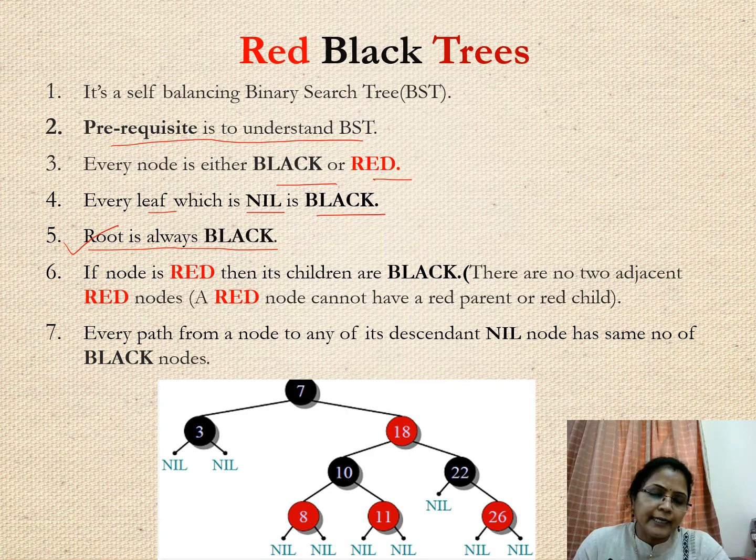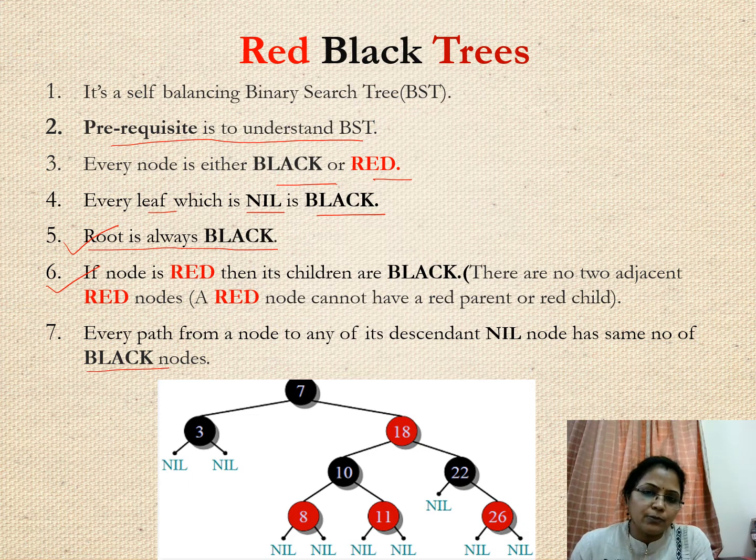Then the second important point for the red-black tree is that if a node is red, then its children are black. So there should not be any repetition of a red node after a red node. This is again an important requirement of a red-black tree. Then every path from a node to any of its descendant nil nodes has the same number of black nodes.